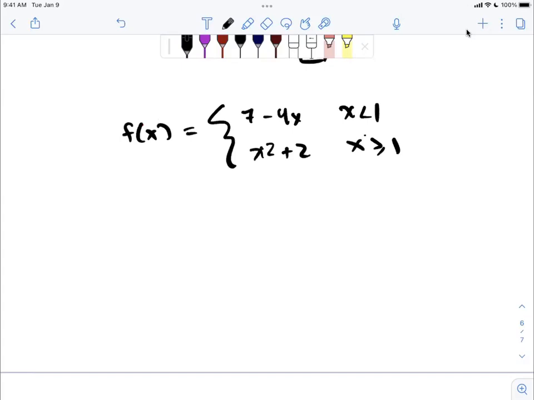All right, and the question is, what's the limit, if it exists, as x goes to -6 of f of x? And then what's the limit, again, if it exists, as x goes to 1 of f of x?